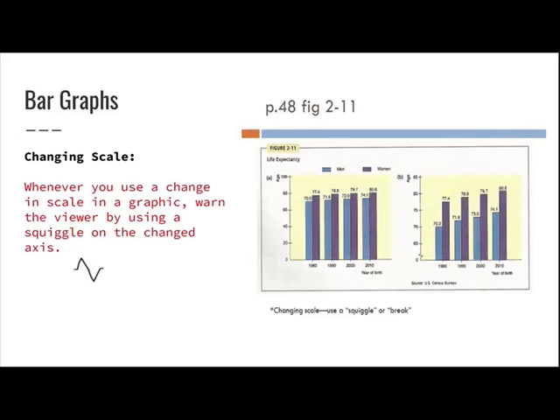Yet on the right graph, on the y-axis, we go from 0, and then we see that squiggle, and it goes straight to 65. So basically, this squiggle is kind of like a break in the values. So you don't have to go 0 through 60 on the one on the right, because we're really looking at the data between 65 and 85.